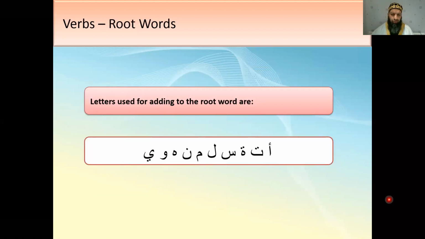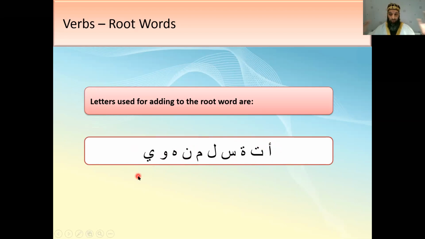This again, you don't have to memorize, it's just extra information. These are an example of some of the letters that are added onto the root word to make a new meaning. So we've got ya, wow. These are some of the common letters that are added onto a root word to make a new meaning.